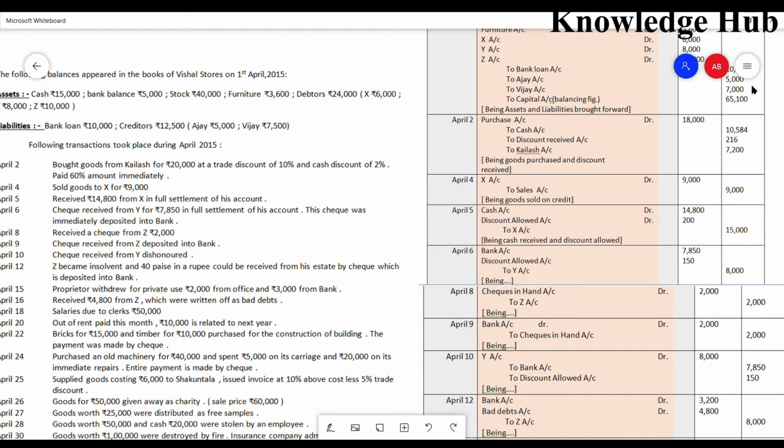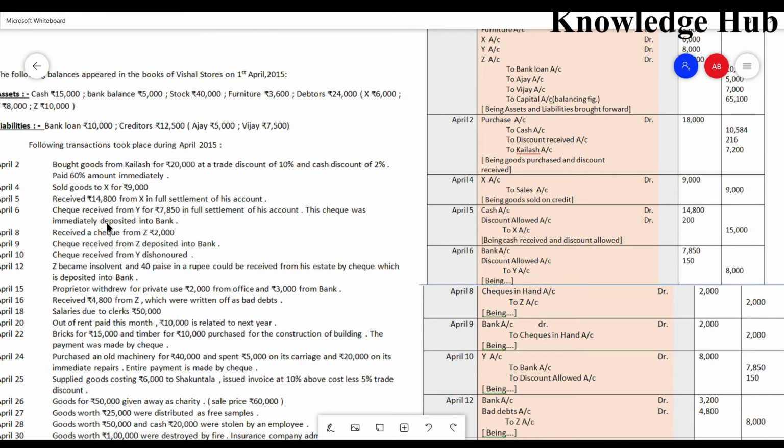So now, let us move into the next transaction. On April 8th, it's mentioned: received a check from Z for rupees 2000. This transaction affects two accounts.